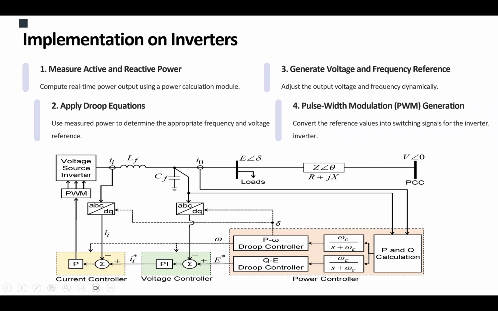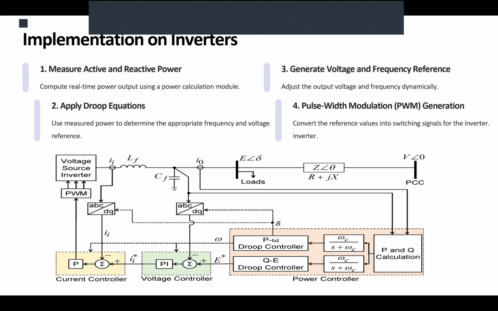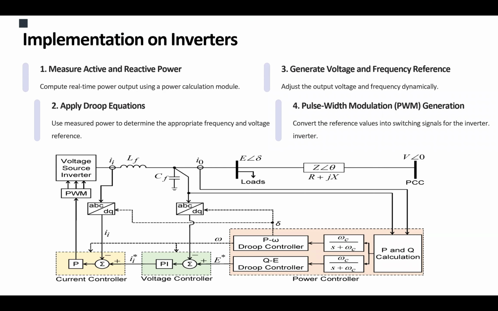Now your Droop control formula kicks in. You have a setting of omega 0 for frequency, and you have a P that defines what the omega should be to eliminate the deviation between the set point P naught and P, the actual measured P. Based on that formula, you would find the omega that you need to eliminate that deviation in the P. Same goes for the E. E here means the voltage.